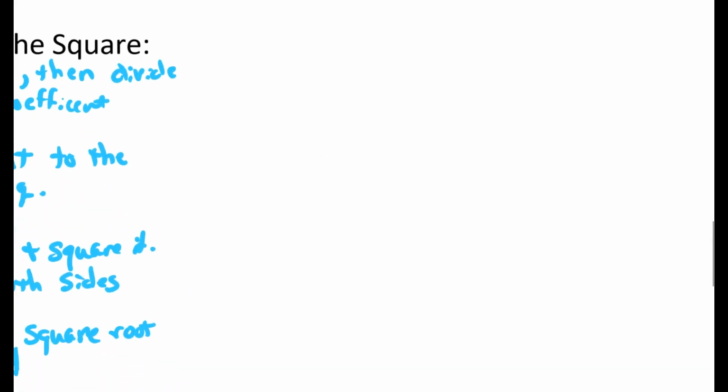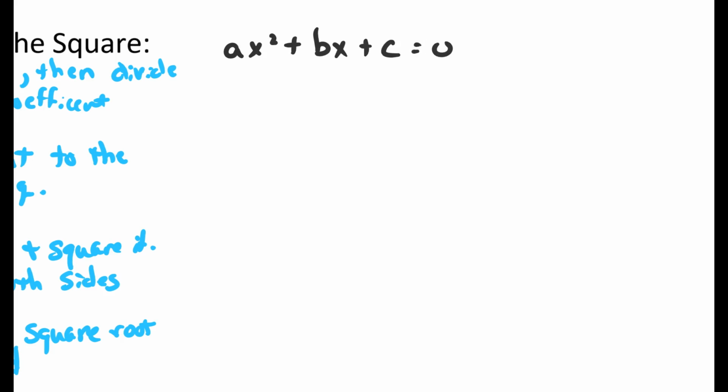Remember when I say set everything equal to 0, when we talk about quadratics, this is what we want it to look like: ax squared plus bx plus c is equal to 0. We literally label everything a, b, and c, and we use that also for the quadratic formula.